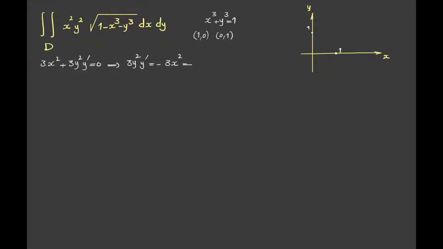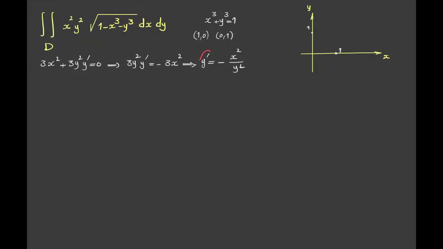And assuming that y is not equal to 0, I can divide everything by 3y squared. Simplifying the 3's, I will get y prime equals minus x squared over y squared. This is on the condition that y is not equal to 0. So if y is not equal to 0, this quantity, because of even powers of 2, is a non-negative quantity, but when you multiply it by a negative sign, it becomes negative.